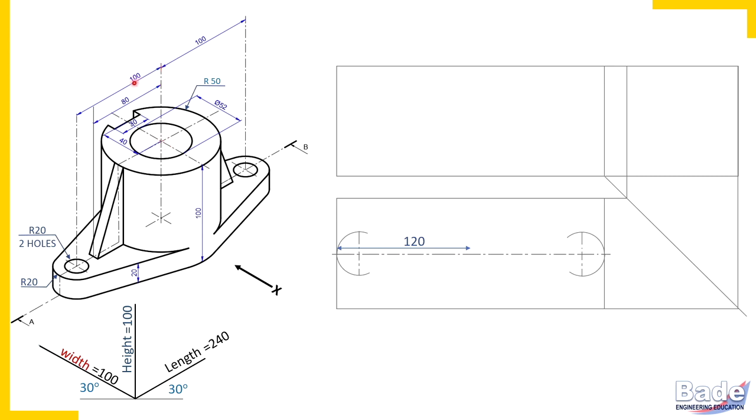This center is at distance 100 plus 20: extreme left end, 20 millimeters up to the center line, and then 100 millimeters parallel to length dimensions, 20 plus 100, 120. So I measured 120 millimeters and I have located the center of this circle. So draw a faint circle right now.